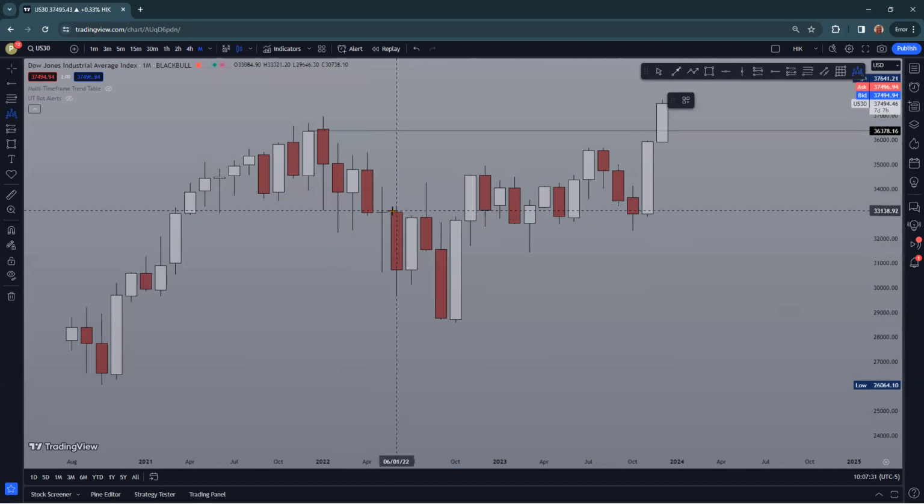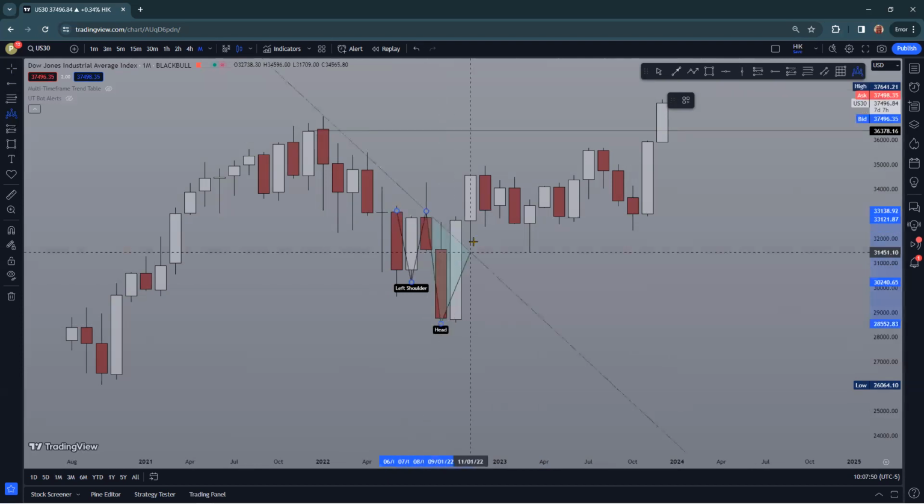So we can start looking at whether this was going to develop a head and shoulders. So we can go ahead and drag our tool and start creating a head and shoulders. We can say, okay, it'll probably come back to here, and then we have the neckline right here, and we stretch that out so it can go right there.